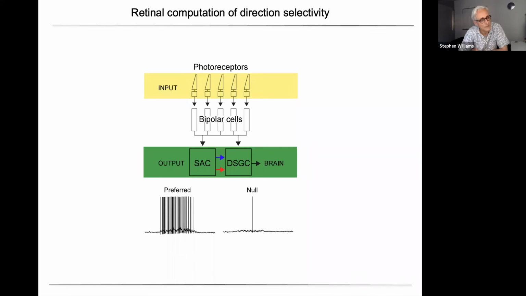Now, it's been known for many years that a class of axonless interneuron in the retina, in the output layer of the retina, called starburst amacrine cells, are absolutely essential for generating direction tuning. If you knock these out in many ways, you completely eliminate, or certainly dramatically change, the properties of direction tuning in these output neurons.